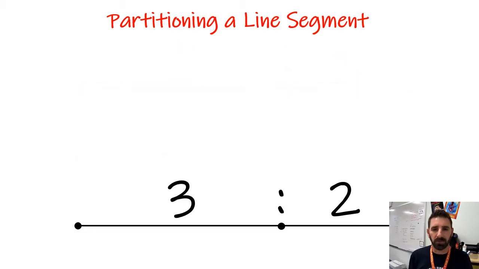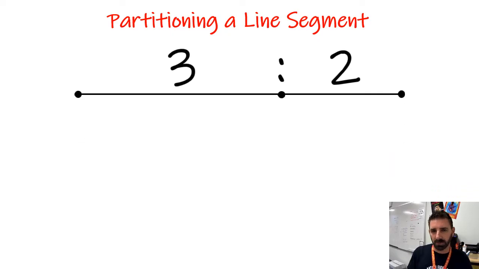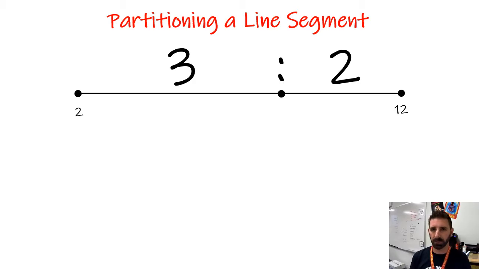But what you're going to have to do here, and we're going to use this example of this 3-to-2 ratio, is imagine that these line segments are on a number line. Okay. And we're going to have to figure out the value of the point that is partitioning this line segment into the 3-to-2 ratio. Okay, so for instance, let's say that this is part of a number line.